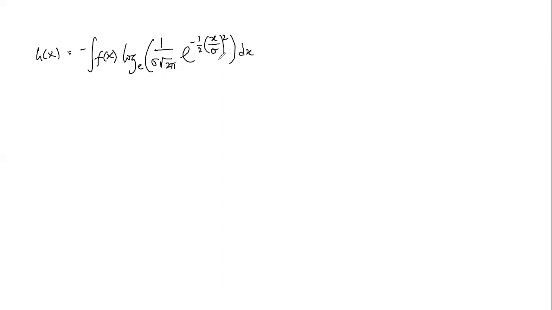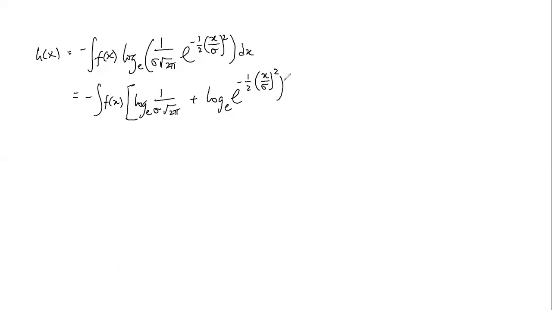So then this becomes addition by the rules of logarithm. The integral of f of x times the natural logarithm of 1 over sigma square root of 2 pi, plus log to base e of e to the power of minus 1 over 2 x squared over sigma squared, dx.